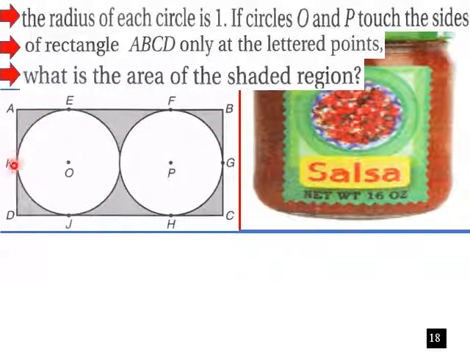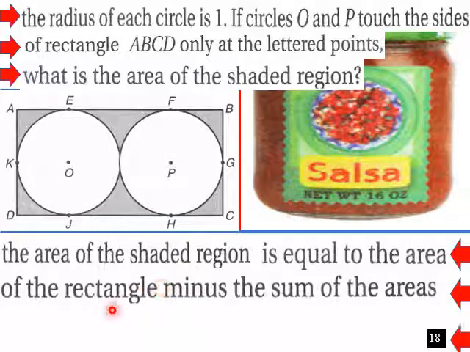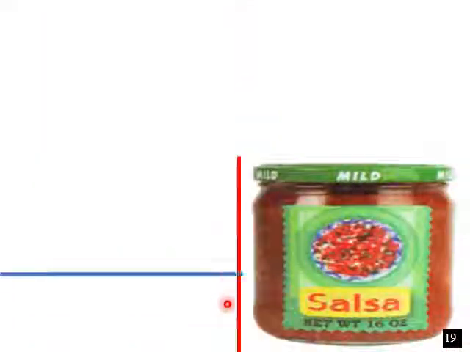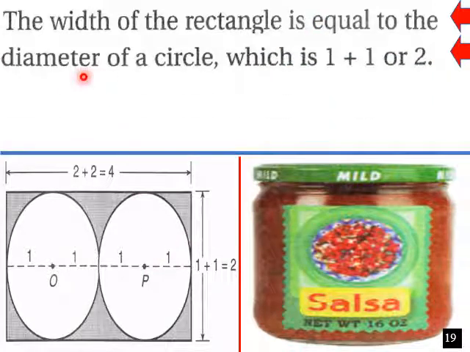So we need to find the area of the shaded region only, so we subtract the two circles. The area of the shaded region is equal to the area of the rectangle minus the sum of the areas of the two circles. To do that, the width of the rectangle is equal to the diameter of a circle, which is 1 plus 1, or 2.